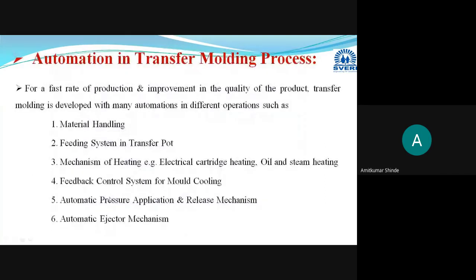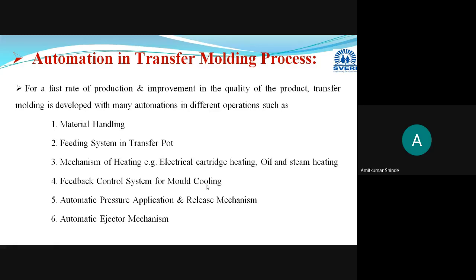Then the automation used in the transfer molding process. To increase the rate of production and to improve the quality of the final molded part, we can use automation in different stages of the transfer molding process.